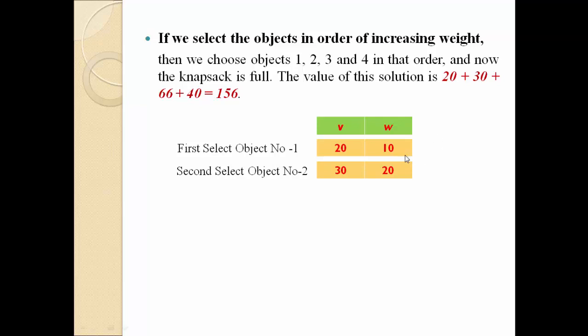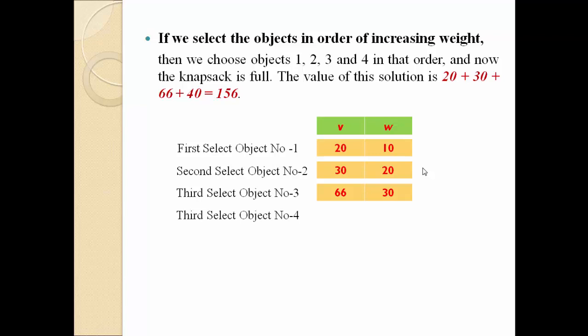Here the total is 30, so still we can fill our knapsack by using different objects. Select object number 3 which has a weight 30 and value 66. Total 10 plus 20, that is 30, 30 plus 30 is 60. Still it is not more than 100, so we can fill our knapsack by using other objects.